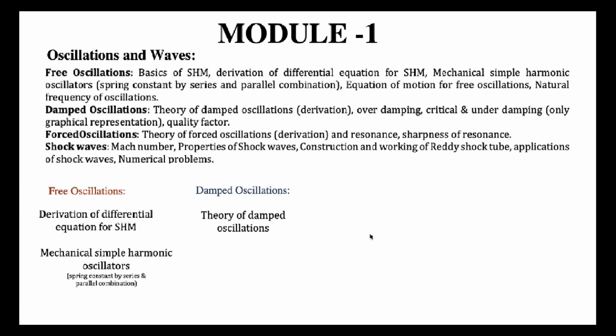Along with that, sometimes he may tell you to mention, not describe, with graphical representation, overdamping, critical damping and underdamping. That means he may tell you to explain or define overdamping, critical damping and underdamping using graphical representation. This concept you may get for 4 to 6 marks. After that, the definition of quality factor. That's it from damped oscillation.